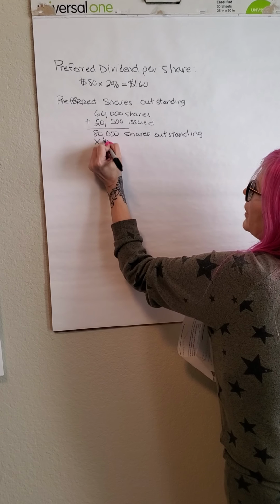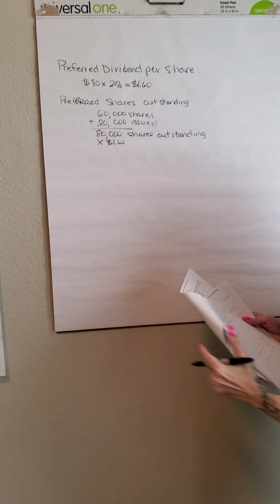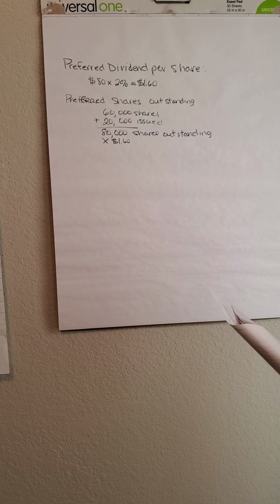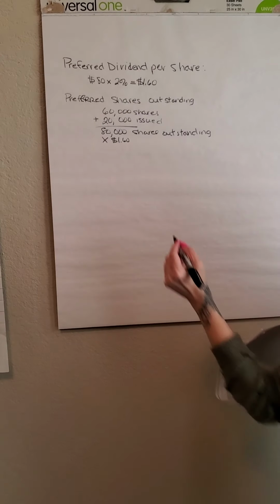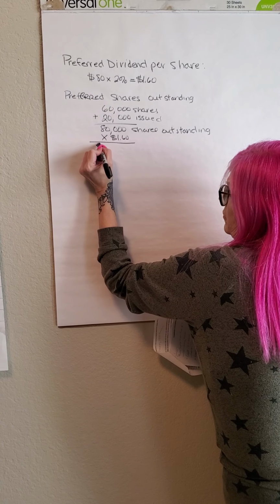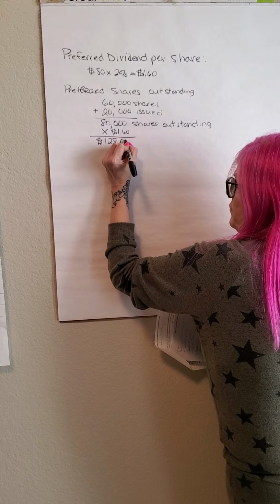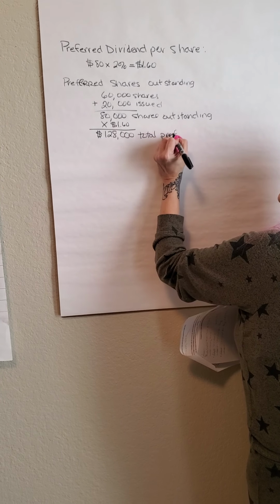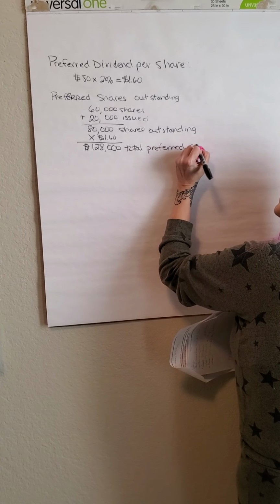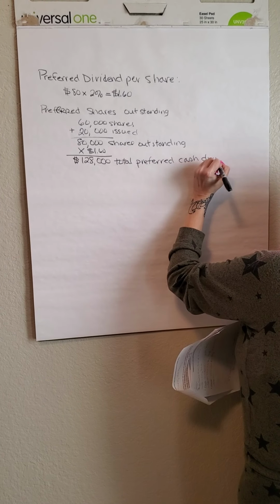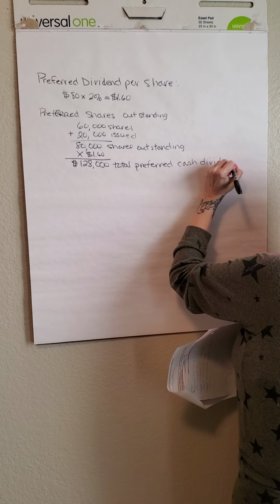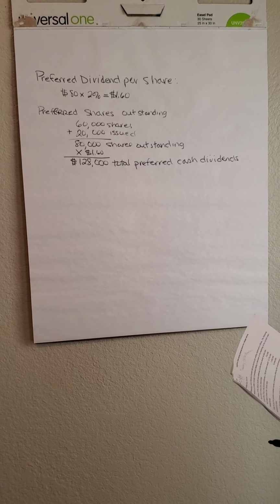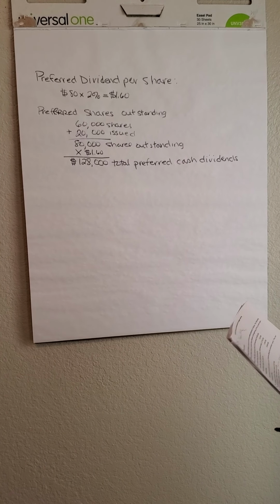We're going to multiply that times $1.60 per share, and that's going to give us preferred cash dividends of $128,000. I do believe the problem did give us the $1.60 per share, but I wanted to show you how to calculate that out.